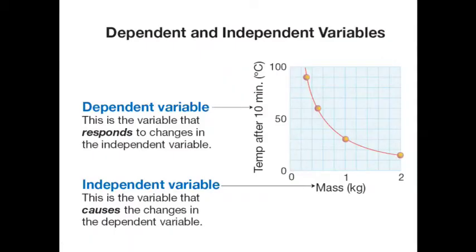Siyempre, in a relationship, mayroon din po tayong tinatawag na dependent and independent variables. Sa mga researchers, alam po nila to. Pag sinabi po nating dependent variable, these are the variables that respond to change in the independent variable.